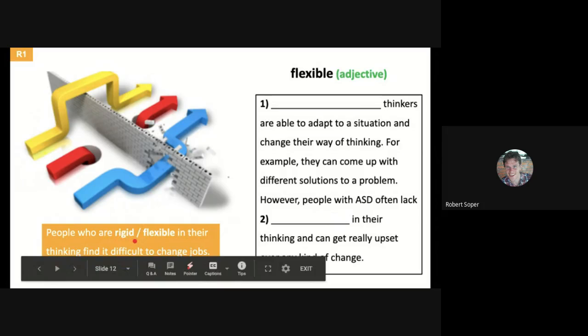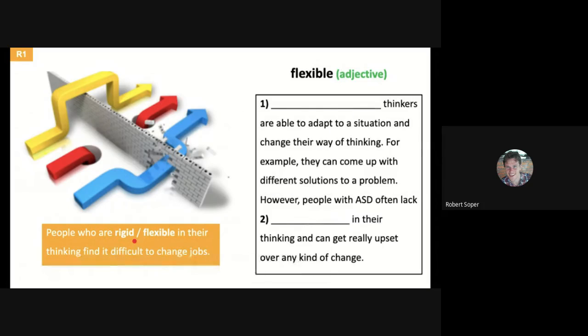So people who are rigid in their thinking find it difficult to change jobs. If you're rigid in your thinking, it means that you find it difficult to adapt to things, that you struggle with any change, and that you like to do things in the same way. If you're flexible, it means you are able to adapt to change.